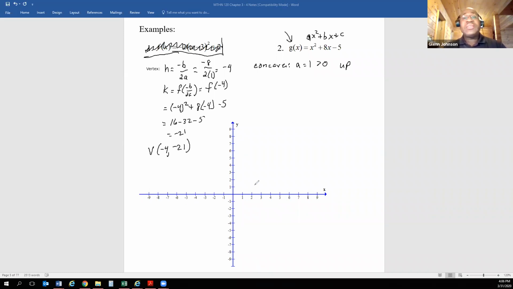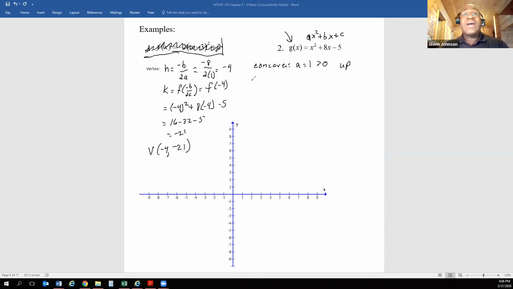Now, with that in mind, we can already surmise that the graph is going to have a couple of x-intercepts, and we should be able to see the graph moving upward from the vertex, which is going to be in the third quadrant.